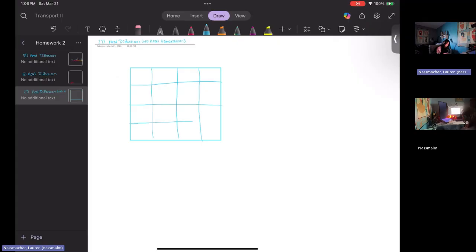Not perfectly even, but good enough. And we'll say that this is the positive x direction. And so going from left to right is our positive x direction. And going down to up is our positive y direction.